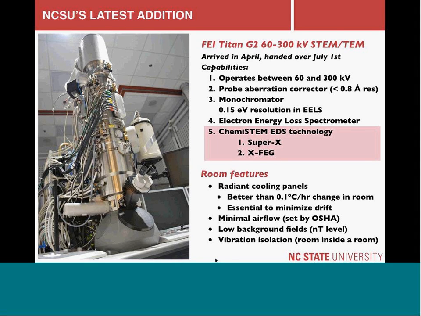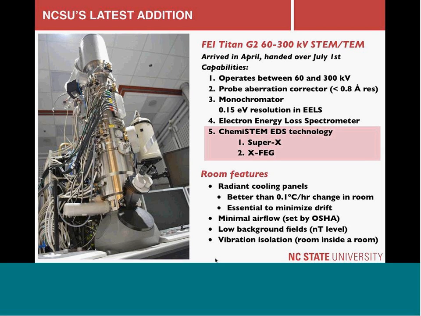So, when you have a state-of-the-art instrument like this, you have to have a state-of-the-art room. After spending quite a good sum of money, hundreds of thousands of dollars to renovate the room for this microscope, we achieved really the stability needed for imaging with this scope, all right?